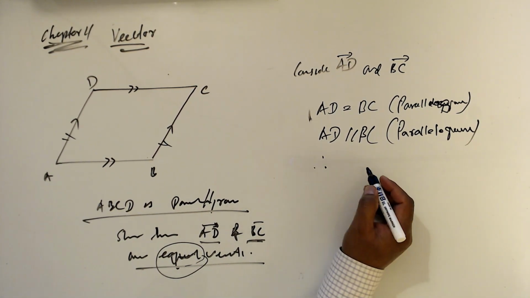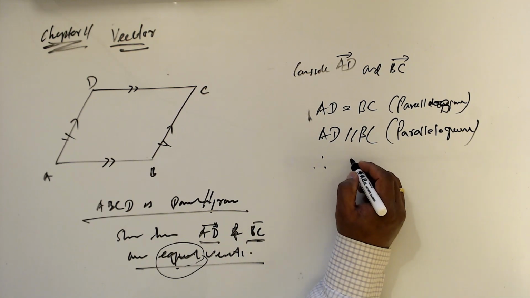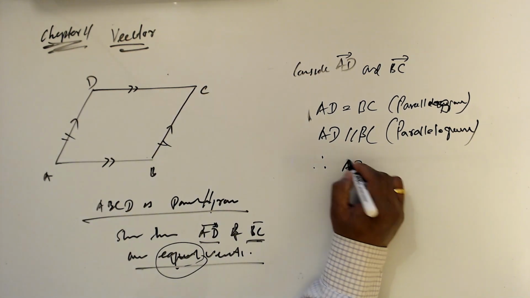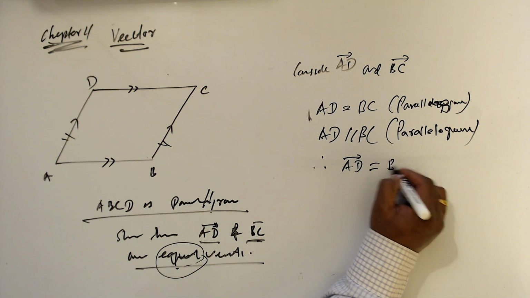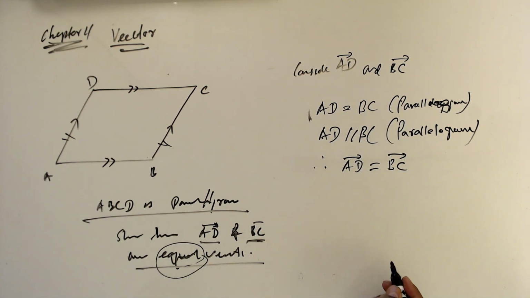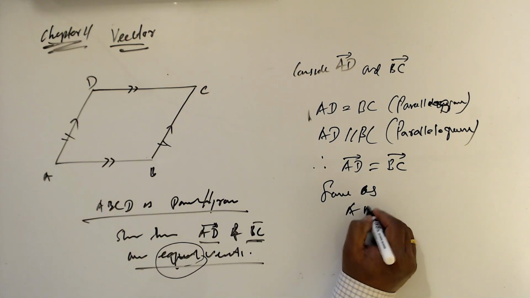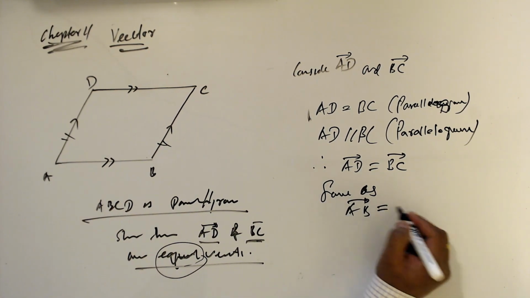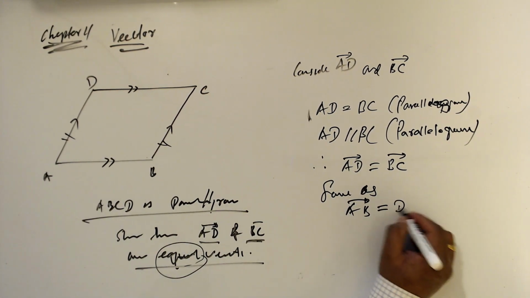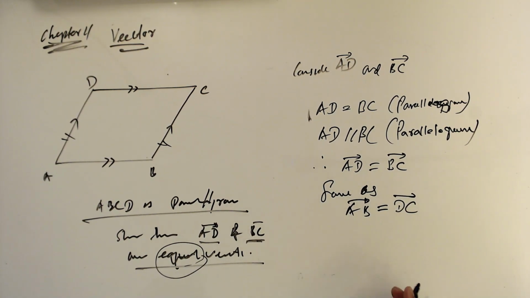Hence AD equals BC. Same as you can show AB is an equal vector to DC.